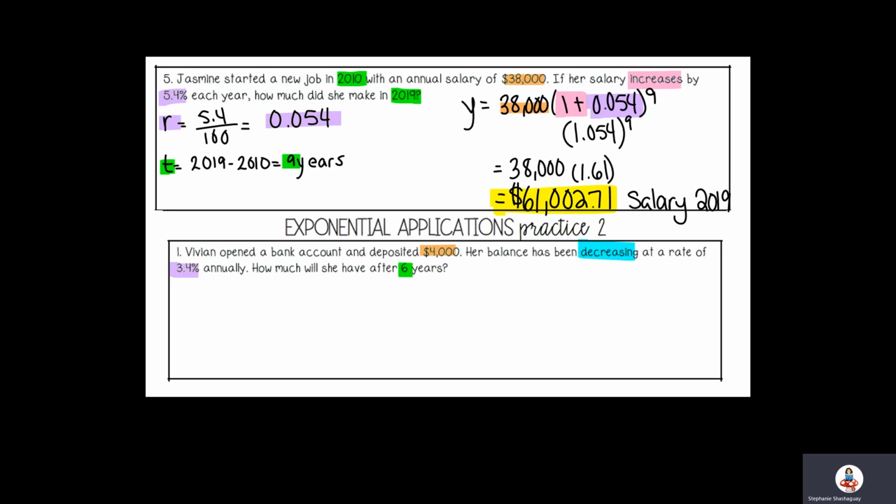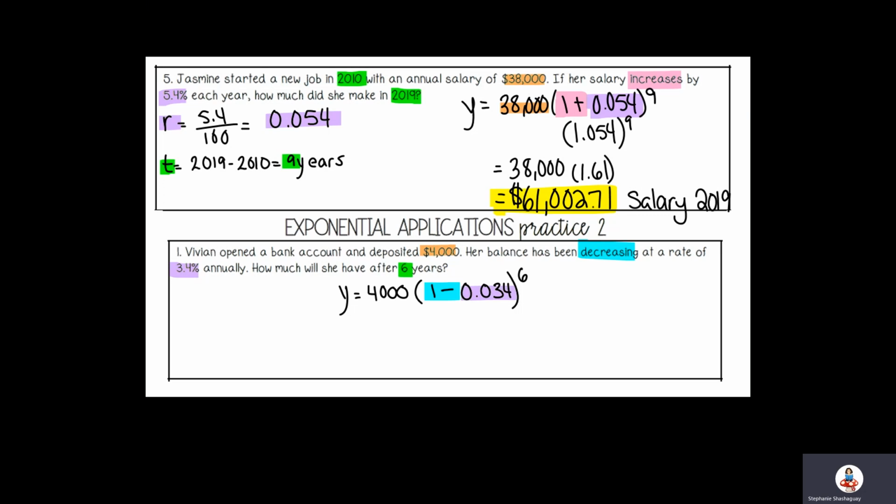Okay, so we're going to have Y is equal to 4,000 multiplied by 1 minus, because I'm decreasing in value, 0.034, and that's going to be raised to the 6th power.